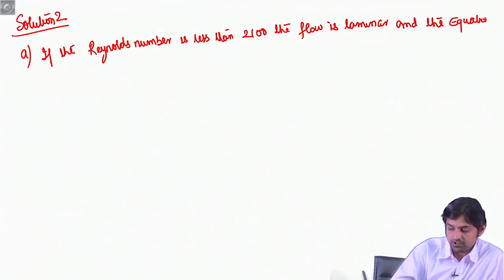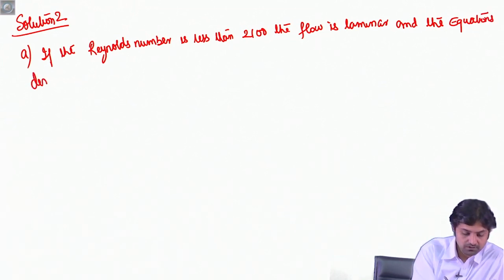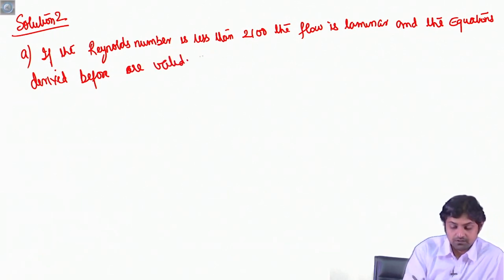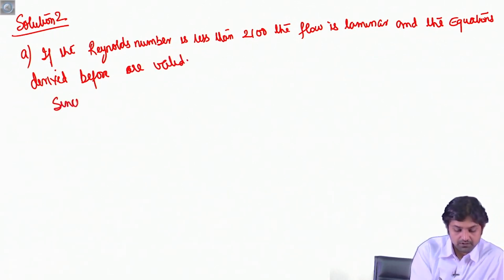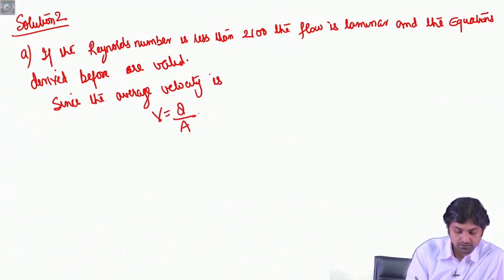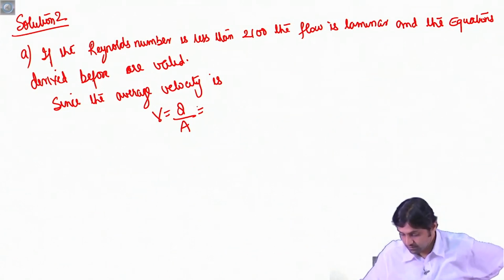And the equations derived before are valid, correct, since the average velocity is V equal to Q by A.